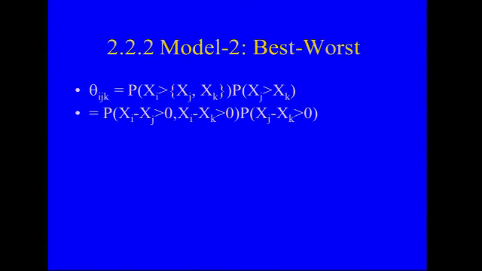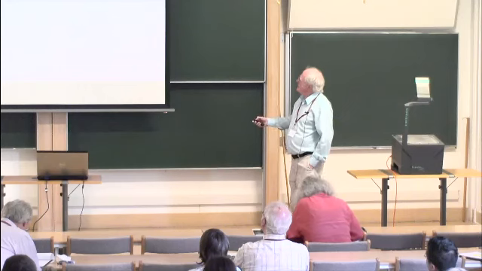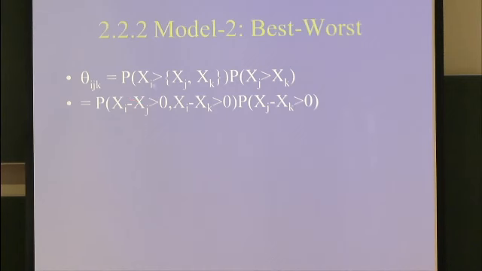This suggests one general form: theta ijk is the probability that xi is bigger than both xj and xk, and then we've got the marginal probability that xj is greater than xk. So this first term becomes the probability that 2 x differences are positive, and then there's a marginal probability for a third one.